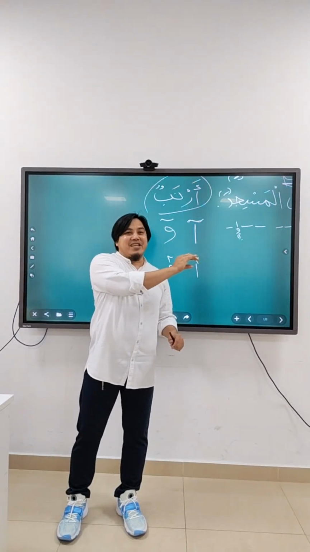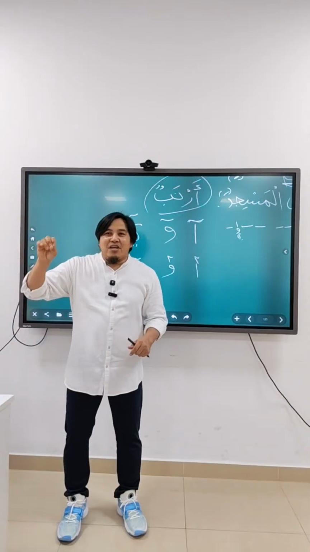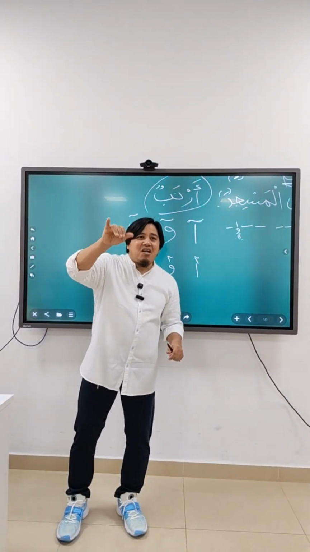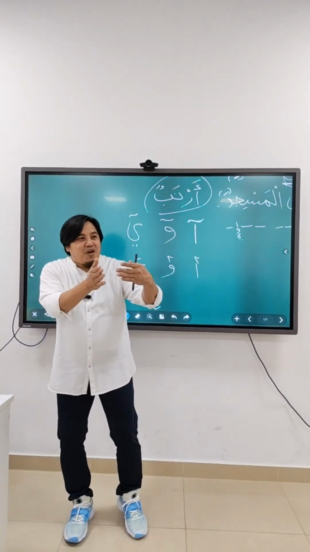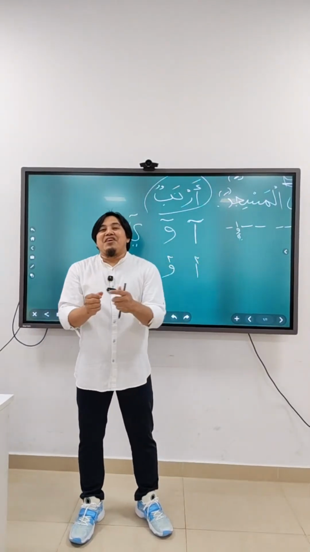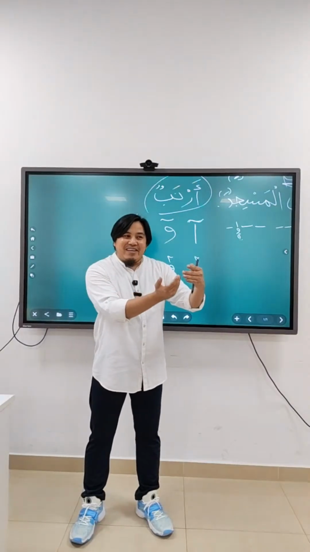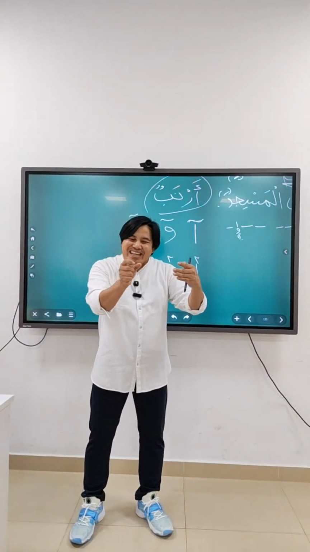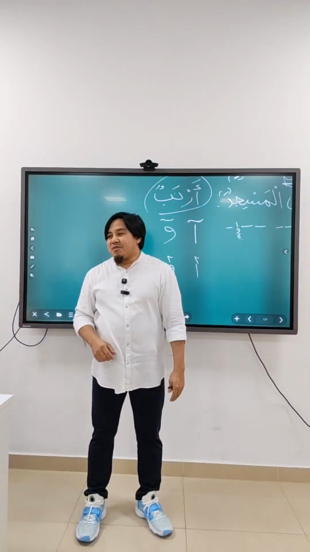Waladdallin: 6 counts on dal, then another 6 counts for lin. But in mad arid lisukun, waladdallin, it is optional.